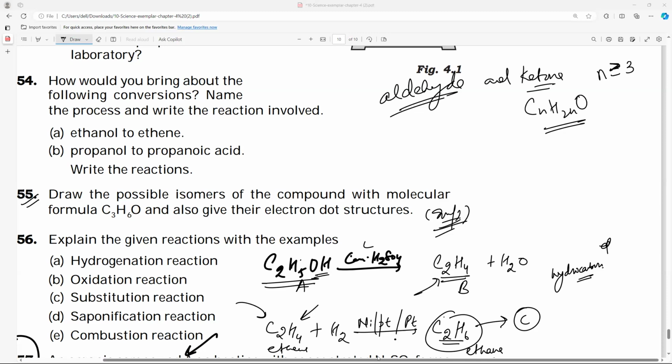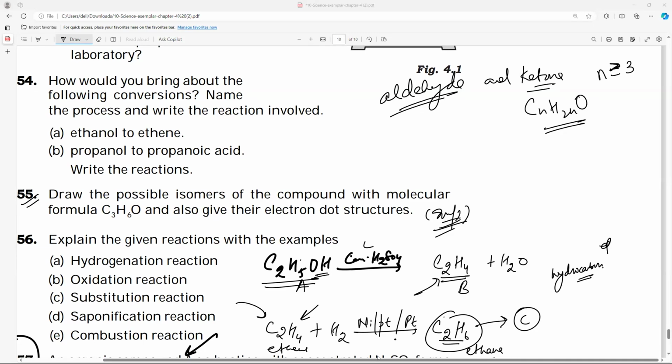So how can you say that? If I'm having this one, you can check it. C3, H6, O: this is propanone. Okay, this is ketone.